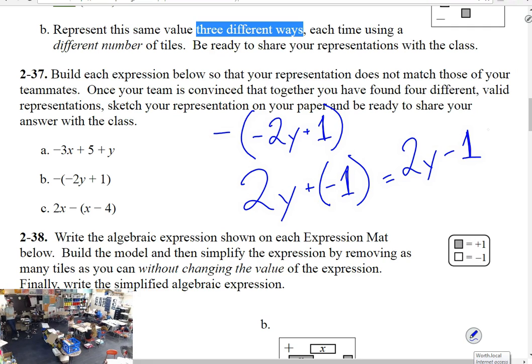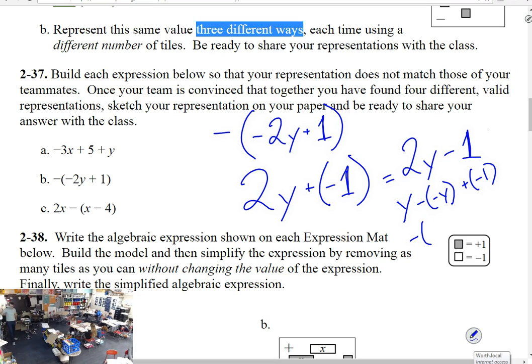We could move some other things around, we could have a positive 2y and the opposite of a negative y. So if you wanted to get really weird, you could say y minus negative y plus a negative 1. We could distribute the opposite.